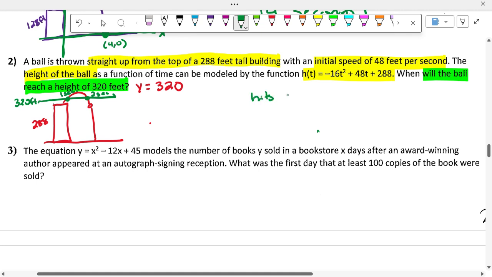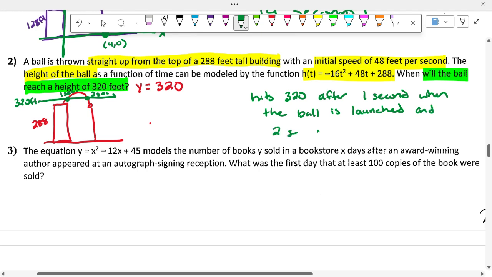So it hits 320 after 1 second when the ball is launched, and 2 seconds when the ball is falling.